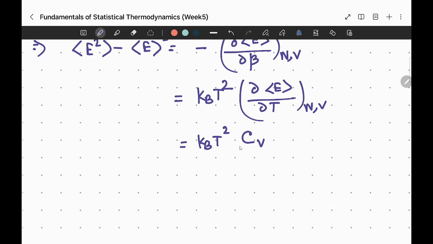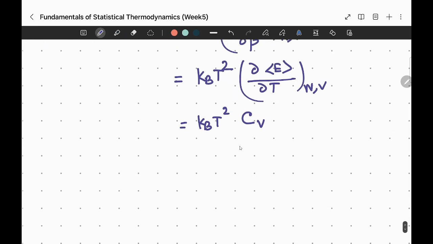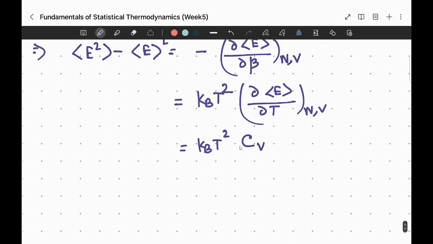Yes. If you consider 1 mole of gas, then it is Cvm. So in there it should be written as Cv. So this is our sigma E square, our standard deviation for the canonical ensemble.